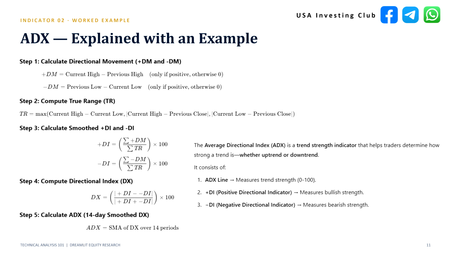Step 2. Compute true range as the largest of three quantities: current high minus current low, the absolute value of current high minus previous close, or the absolute value of current low minus previous close. Working through a 5-day illustration with highs of 105, 107, 110, 111, 113, and matching lows and closes.